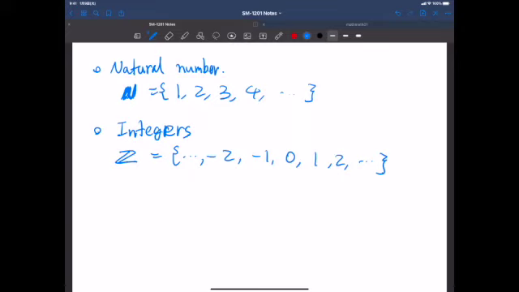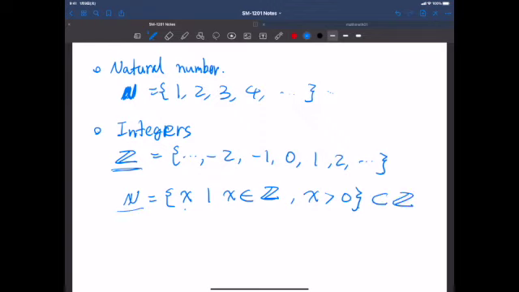Okay, and if we already have the set of integers, the set of natural numbers can be expressed as this. It's a set of x, where x is an integer and x is positive. Okay, so in this way we can redefine the set of natural numbers as a subset of integers.